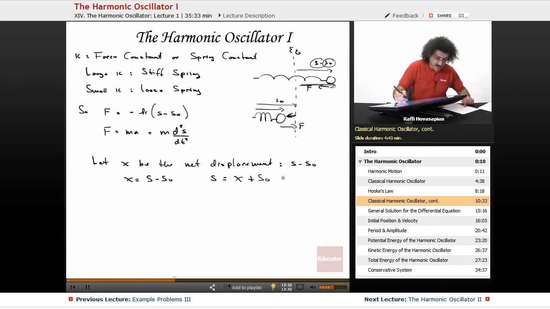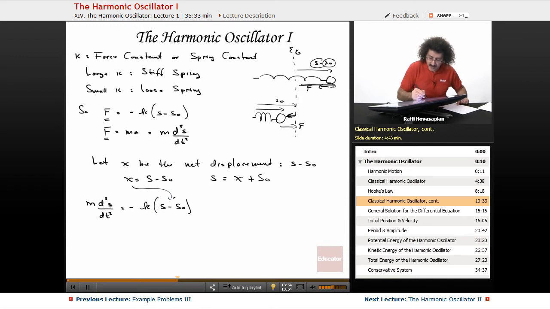So now, F and F, I'm going to set them equal to each other. So I have m d squared s over dt squared equals minus k times (s minus s0). Well, we said that x is equal to s minus s0, so I'm going to put x in here.